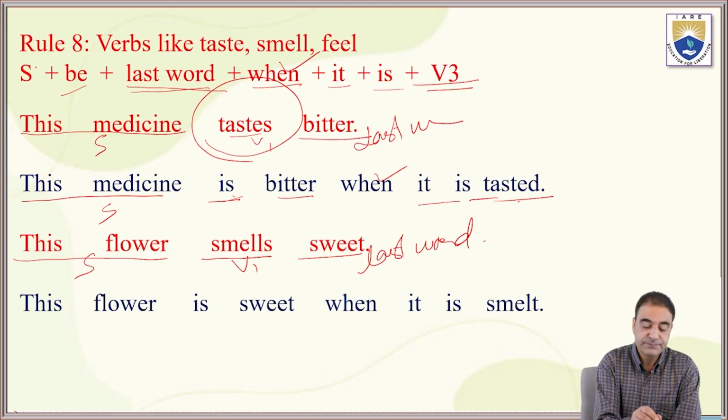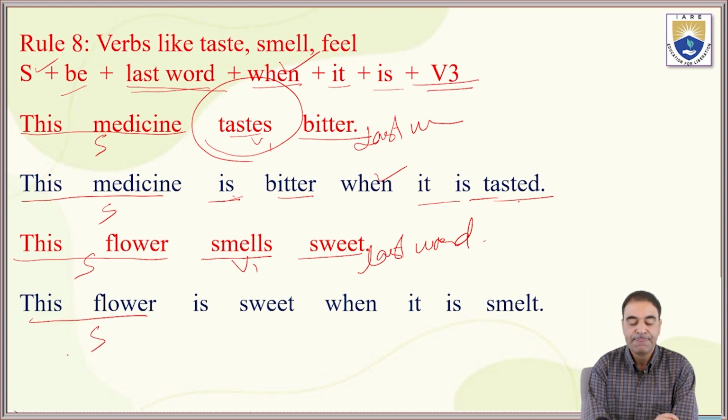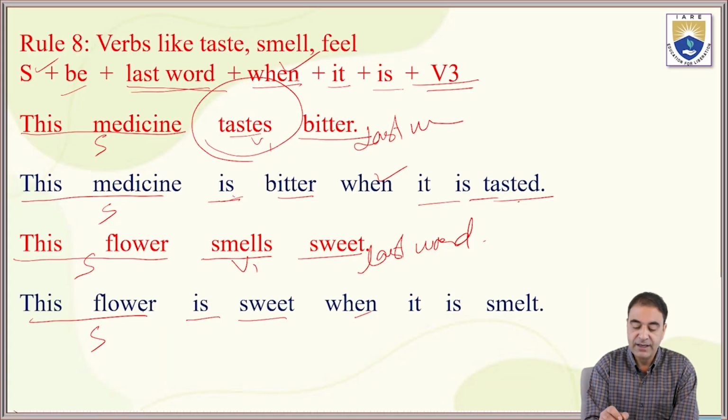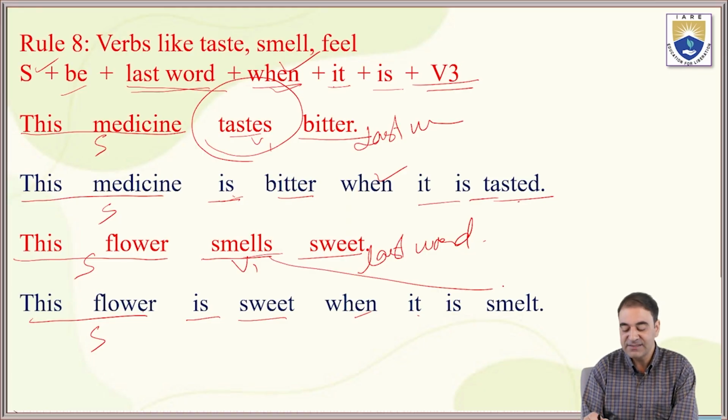First write the subject, this flower. Then be form of verb. This flower is singular, therefore we will write is. Then we will put the last word, sweet. And then we will put when. Then it is verb in third form. It is smelt, the third form of smell.